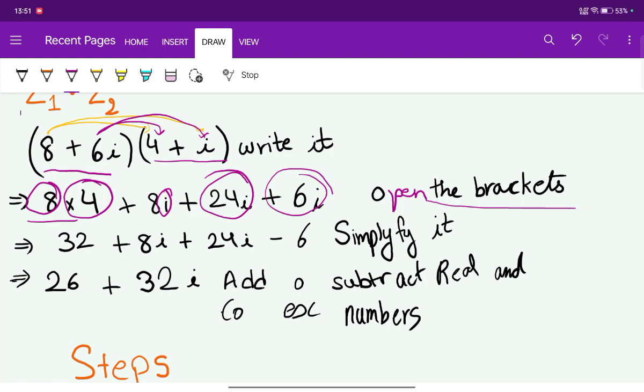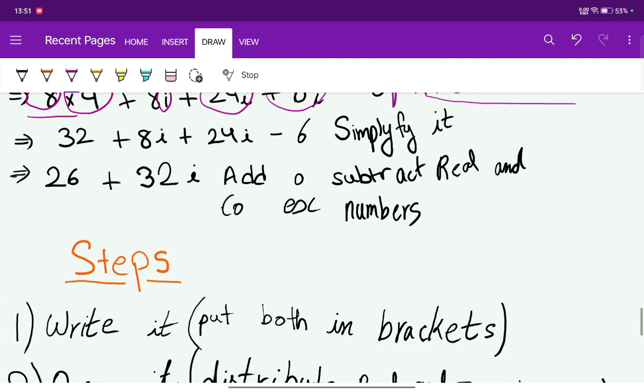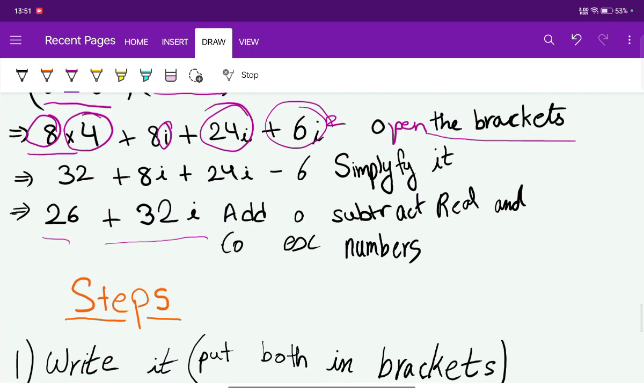Since it's i square, which is equal to -1, the result is 26 plus 32i. Then we even write it as 32 plus 8i plus 24i plus 6i square.